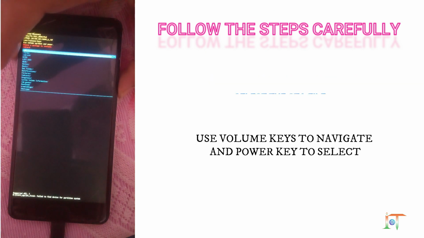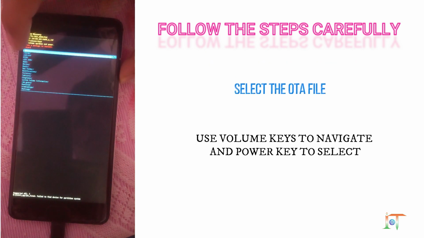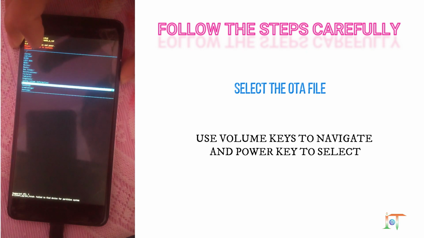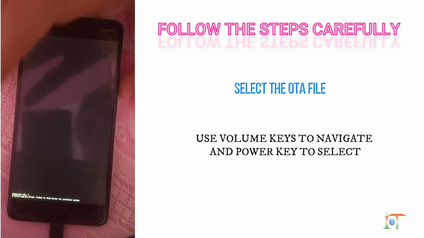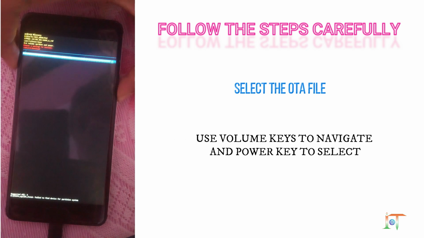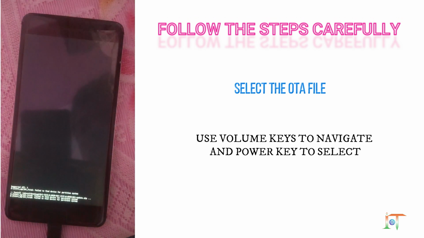Now you will see your SD card files. So go and select the OTA file that you have downloaded. In my case, I have kept it in download folder. So I'll go in download folder and select this file using the power button. Yes, you can see that now I have selected this file.